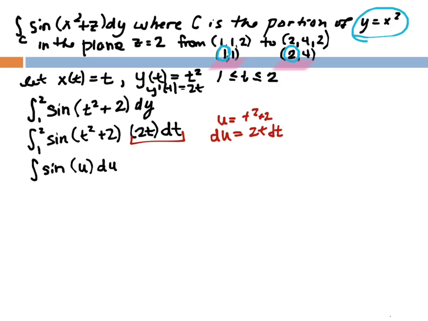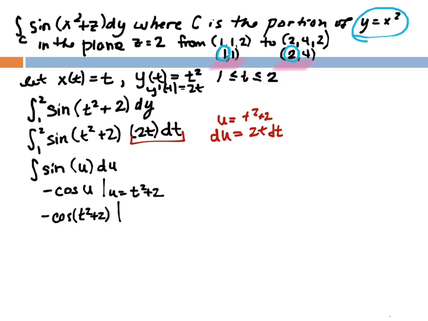So what's the antiderivative of sine u? Negative cosine of u. And our u value is actually t squared plus 2, right? So this is the negative cosine of t squared plus 2.